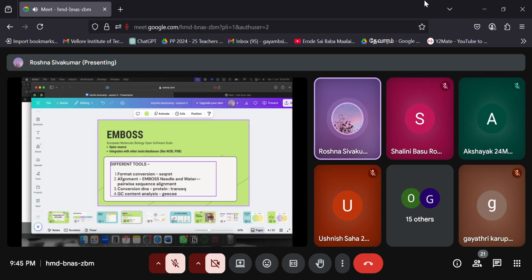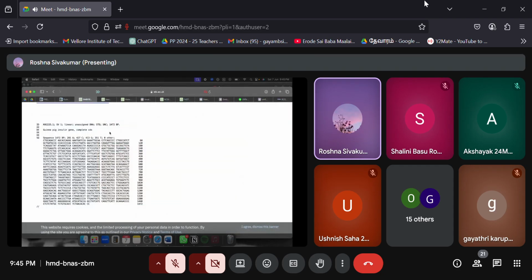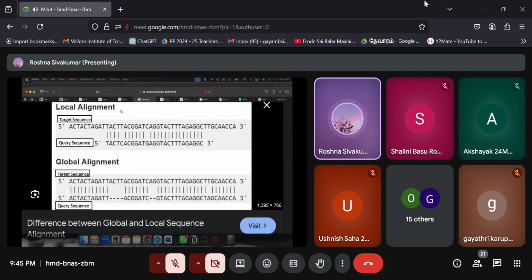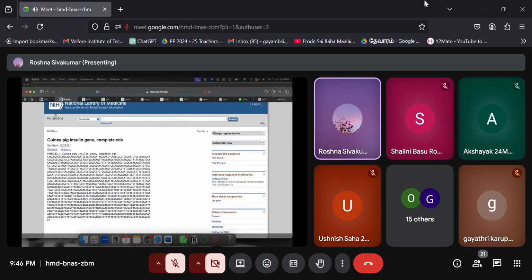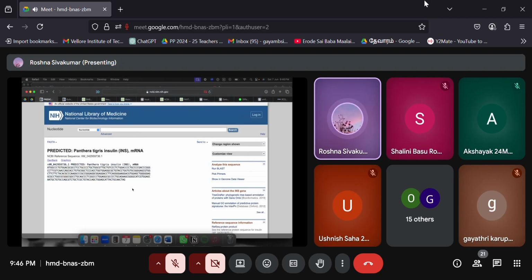So we have two things here, that is EMBOSS Needle and EMBOSS Water. Before that, we have two types of alignment, local alignment and global alignment. Local alignment is, okay, you have two different sequences. Today we will be taking the guinea pig's insulin gene and the tiger's insulin gene.